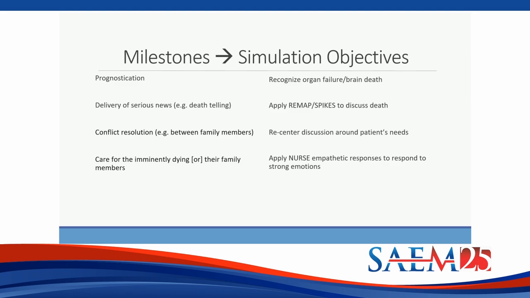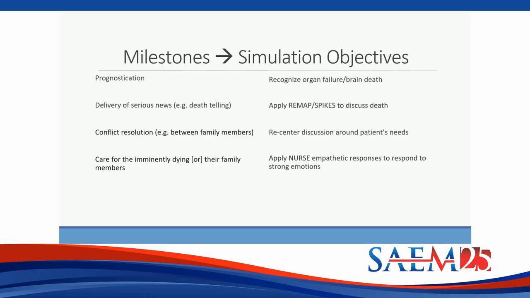I'm imagining a simulation where a patient experiences a devastating injury or a devastating event prior to arrival. They have circulation, but they have clinical signs of brain death. I just present the learner with that information to start the simulation. Then I get to test prognostication by having them recognize organ failure and make a prognosis.